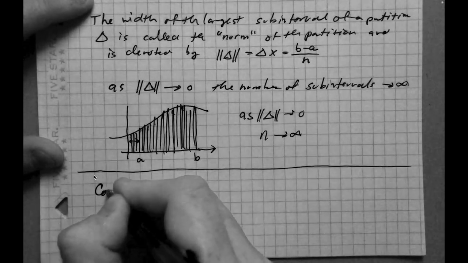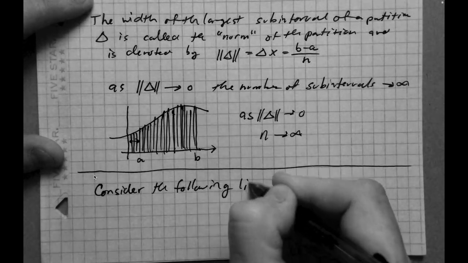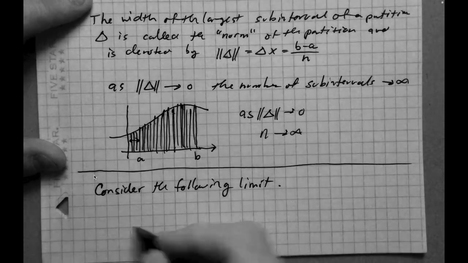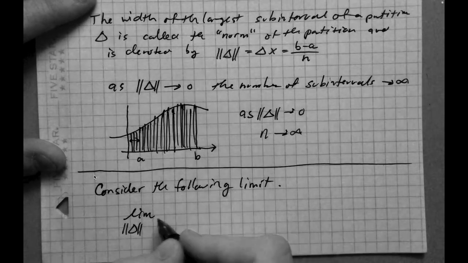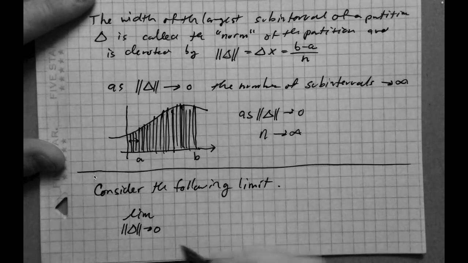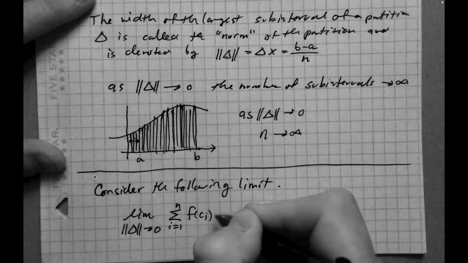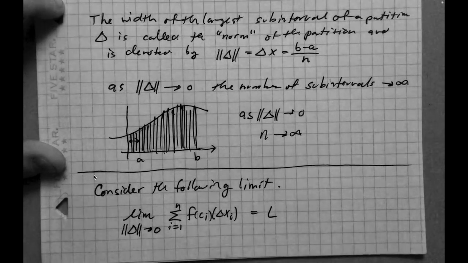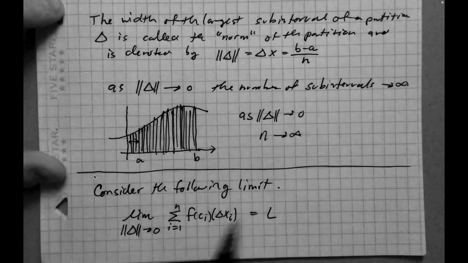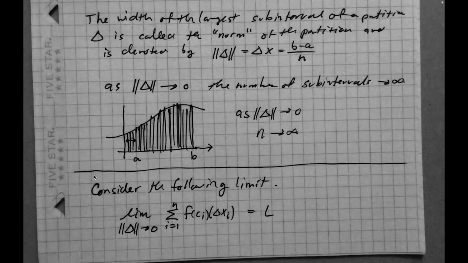So consider the following limit. The limit as the norm of the partition goes to 0 of the sum from i equals 1 to n of f of ci times delta xi equals L. So this is the Riemann sum here, and we're letting the norm of the partition go to 0 and then considering the Riemann sum.